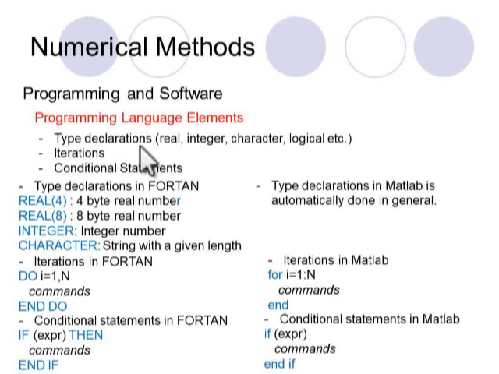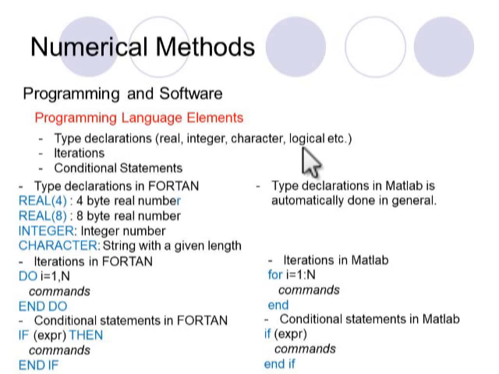Integer: the number that you define may be an integer. It may be a string, maybe you want to define a text, then you use character. Or logical, so 1 or 0, true or false. So that is the logical. These are the first fundamental elements of a programming language.